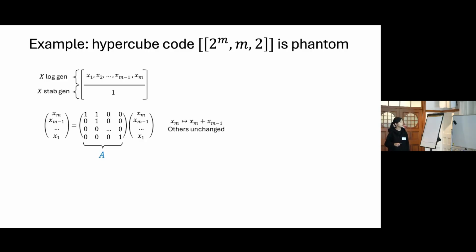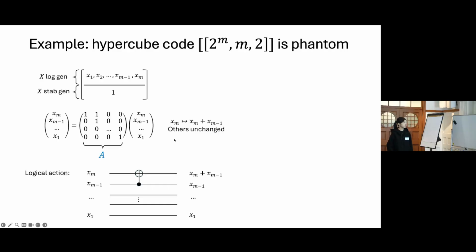And if we consider this AX plus B, again, ignore B, you can see that, for example, this matrix is mapping XM to XM plus XM minus 1 while leaving others unchanged. And if you plot out what's the logical action of it, here I'm plotting the wires of those M logical qubits, and you will see if we derive this final transformed polynomial, this corresponds to a CNOT action like this.